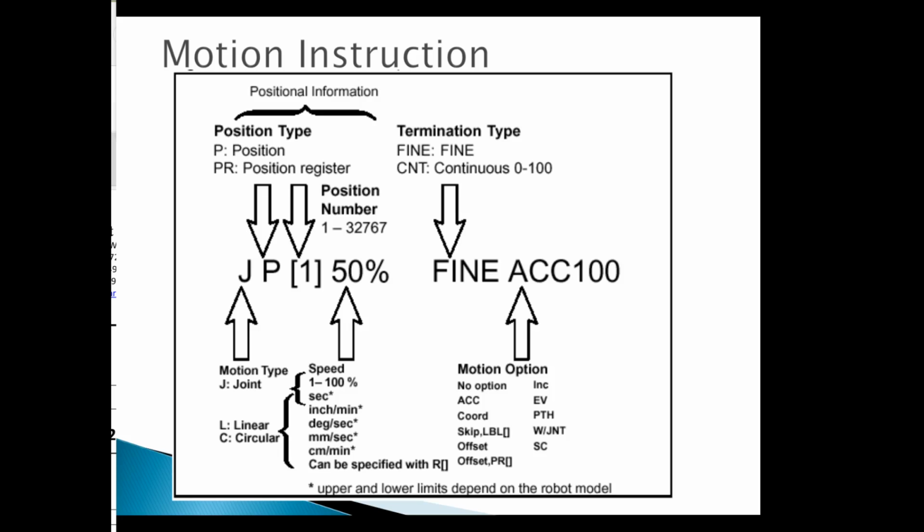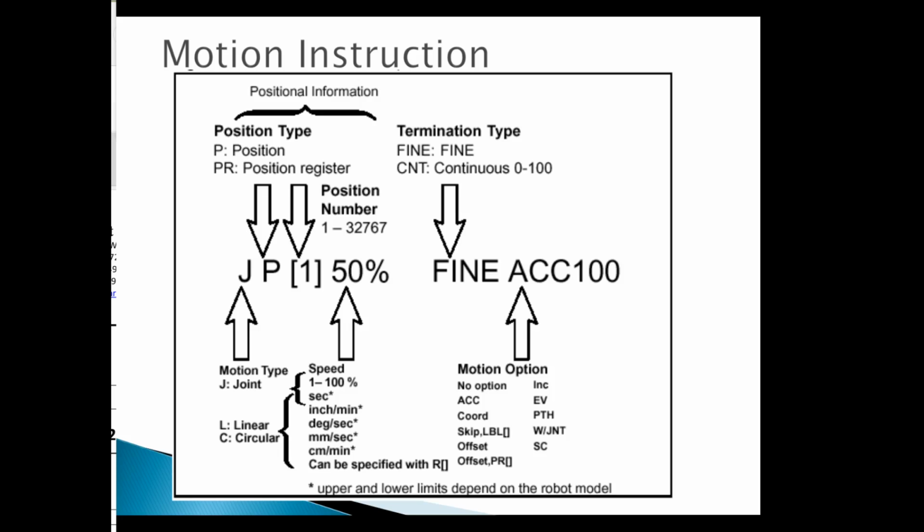The next is the speed. If you're in joint mode, the speed is basically a percentage of full speed of the robot. If you remember, we talked about the LRmate 200iC robot, one of the models that we have in the classroom. It can go 4,000 millimeters per second.